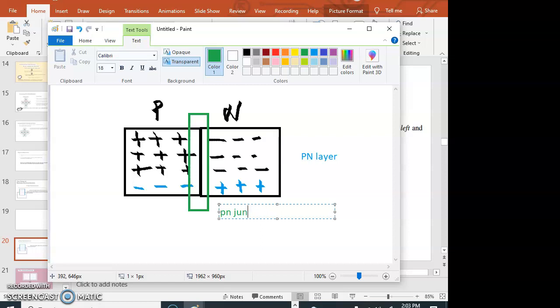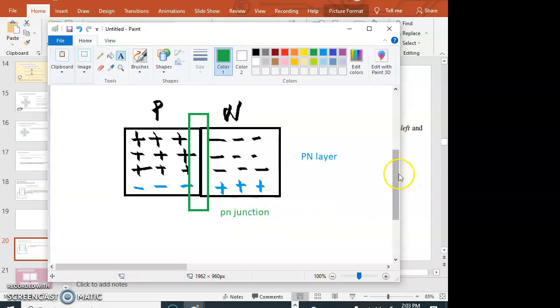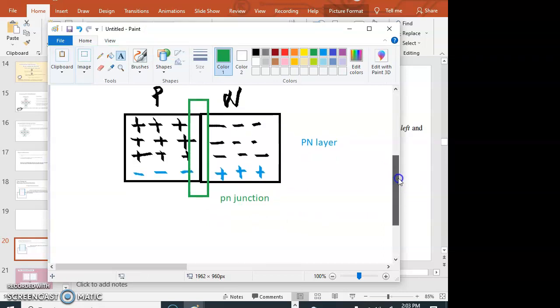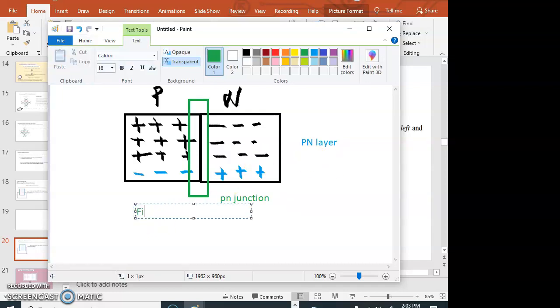Now, this is actually the physical structure of a diode. So this is your figure 1, the physical structure of a diode.